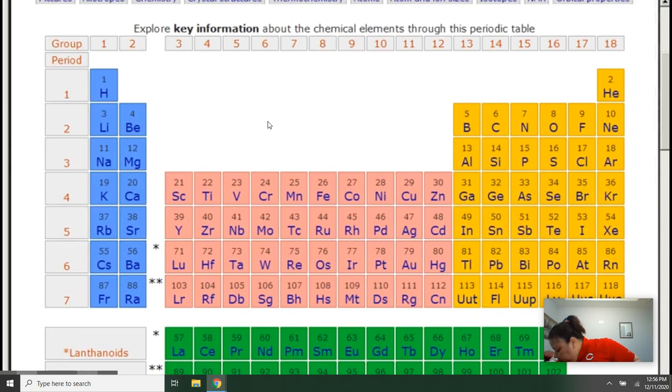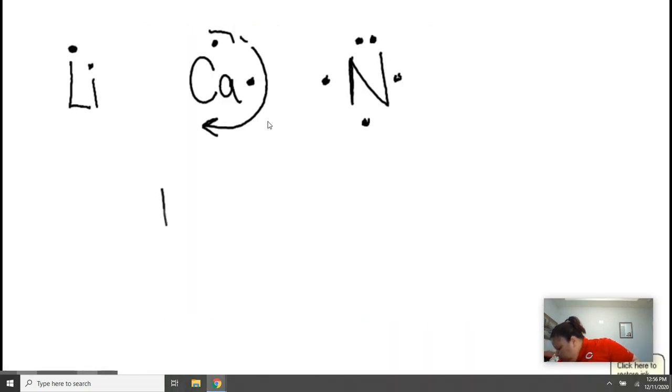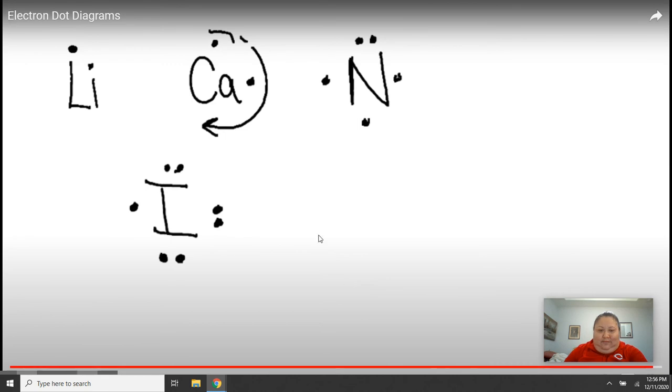So you find iodine on the periodic table, and you see that it has 7 valence electrons. So 1, 2, 3, 4, 5, 6, 7. Hopefully that helped you out with your electron dot representations.